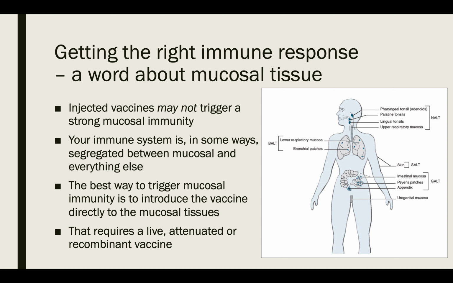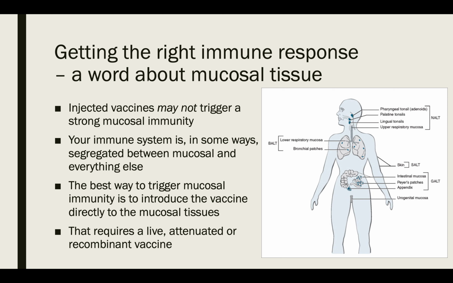So if you get a pathogen that infects the mucosa, say it's infecting up here in the nasopharynx, it's going to trigger that immunity in MALT tissue. So it's going to trigger mucosal immunity. Those antigen-presenting cells that are there in MALT are also going to go to the lymph nodes, and they're going to trigger immunity everywhere else.